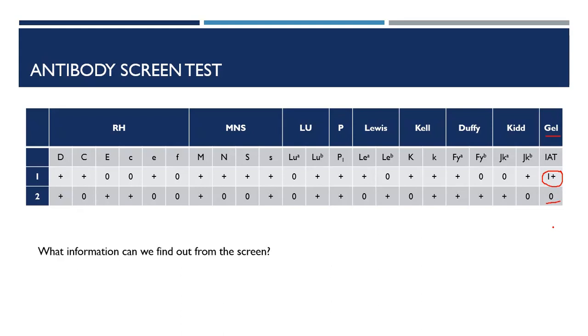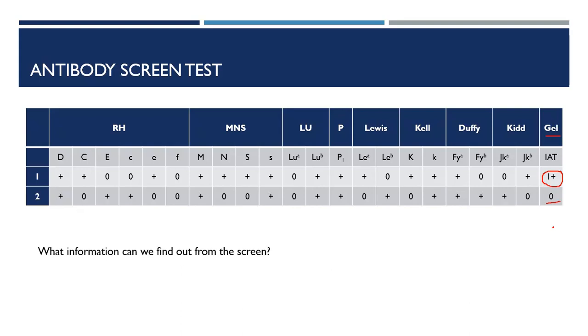Very often it will show reactivity in more than one cell, and even though we have only a 2-cell screen here, which provides us with limited information, what this reactivity is pointing us toward is that this is most likely a single alloantibody specificity, because the strength of the reactivity is low, it's 1+, and also we have reactivity just in one screen cell.